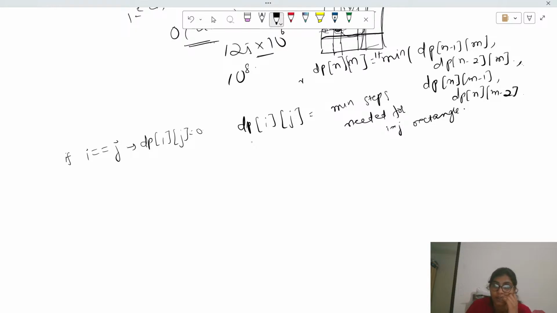Hmm. One more thing. Here we have to add these both now: dp of 2 comma m plus dp of 1 comma m. We forgot this, dp of n comma 1. Right.